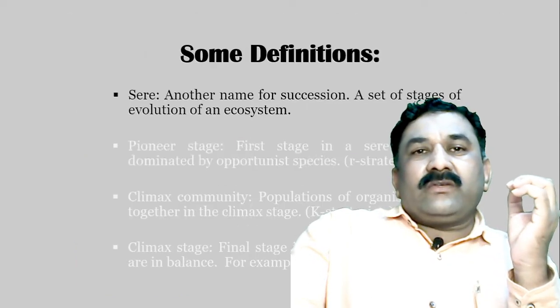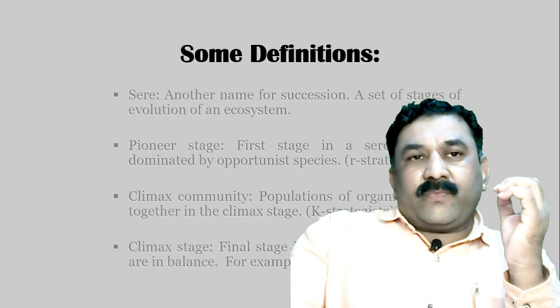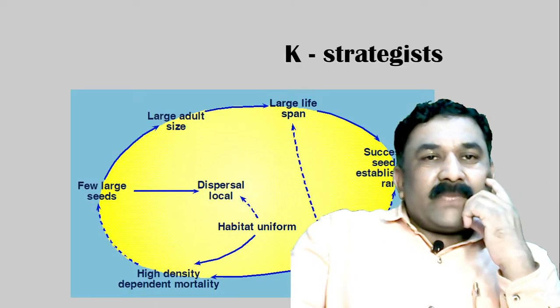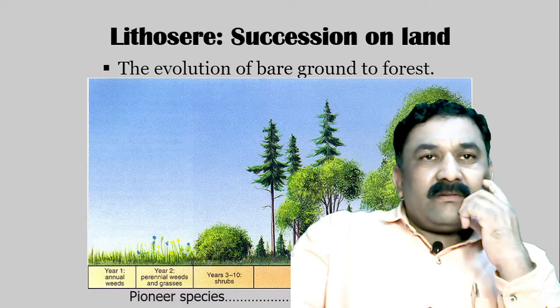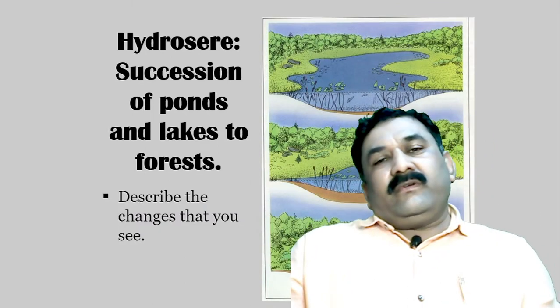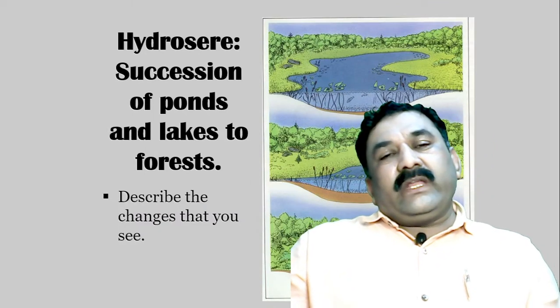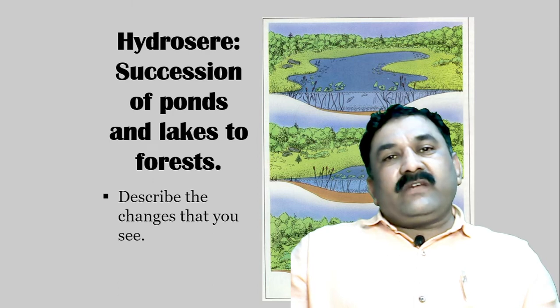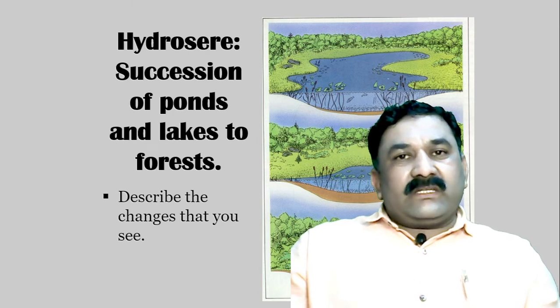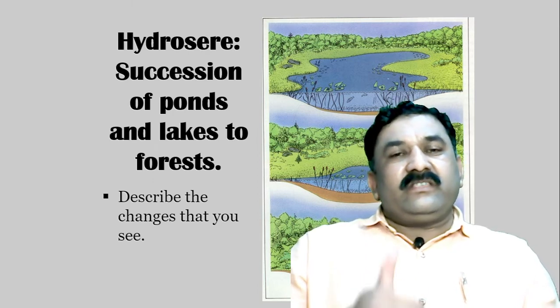So in the case of community development, let me come to the final level and quote one example. In your syllabus, there are two examples of ecological succession. One is the hydrosere and the other is the xerosere.